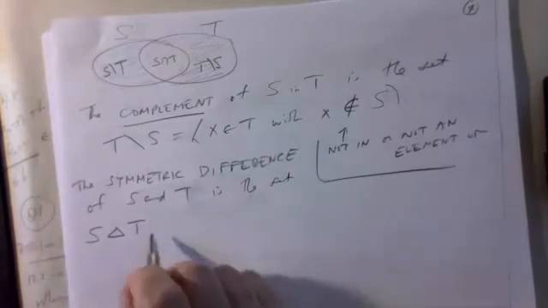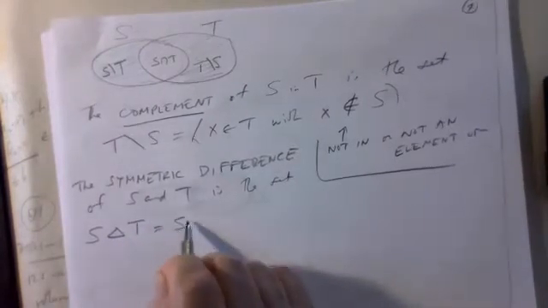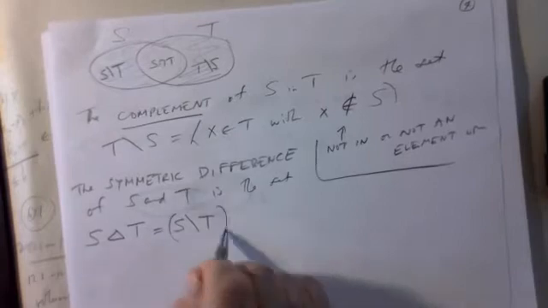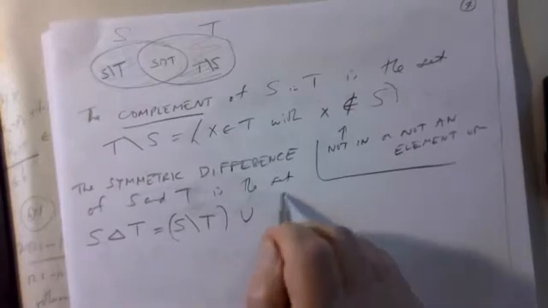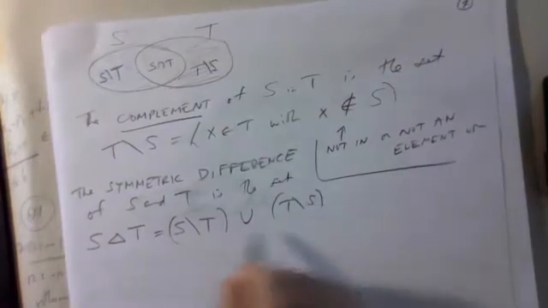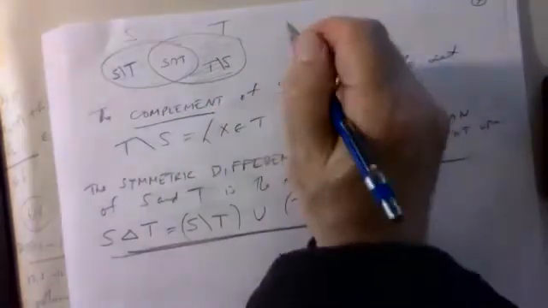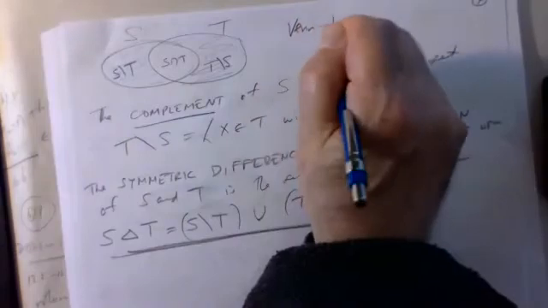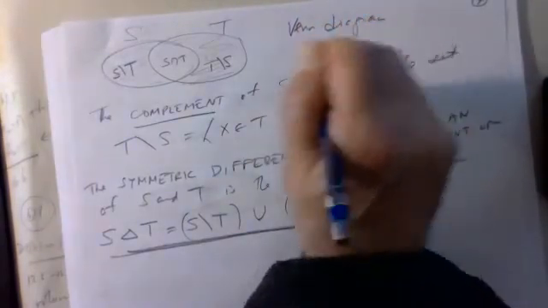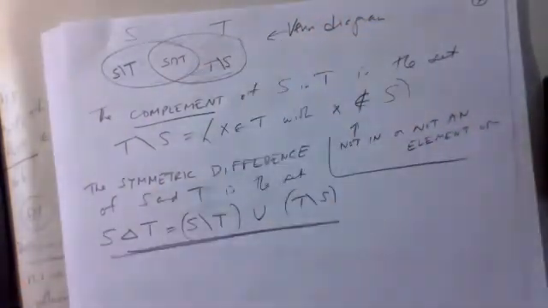This means the symmetric difference. It's everything in S which is not in T, union everything in T which is not in S. So in our Venn diagram, this is the picture.